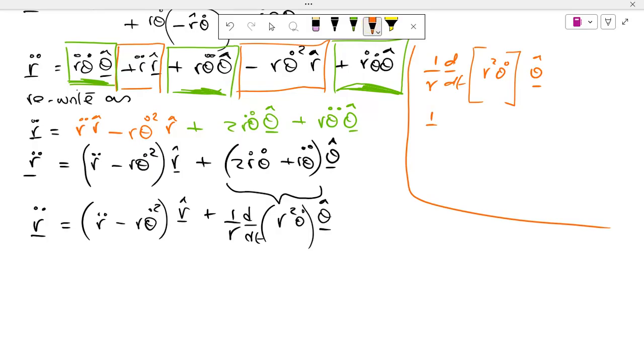So we've got 1 over r times, well, we differentiate the r squared first to get 2r, and there's a theta dot there, and then we just differentiate using the product rule. So 2r theta dot plus, well, this time we leave the r squared alone, and we differentiate the theta dot to get theta double dot.